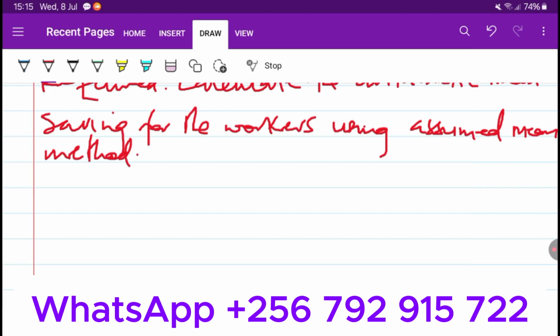Now you can see that in this question they have not specified the assumed mean that we are going to use. So it is our duty to pick any assumed mean. It can be either within the data set or outside the data set.